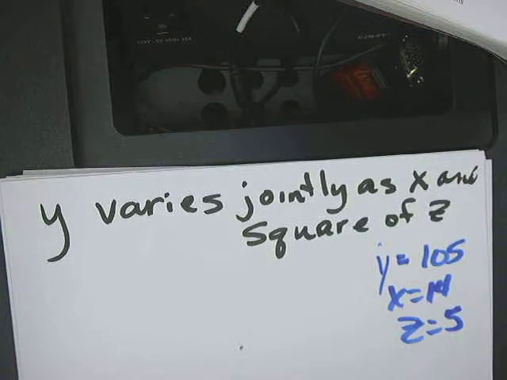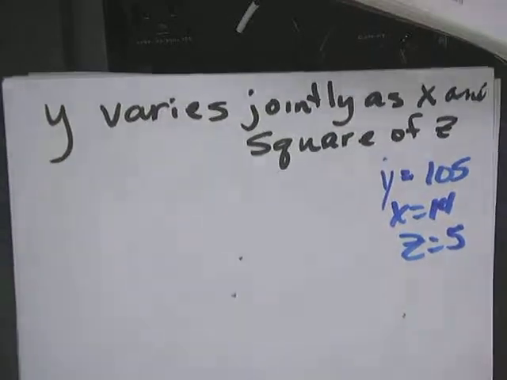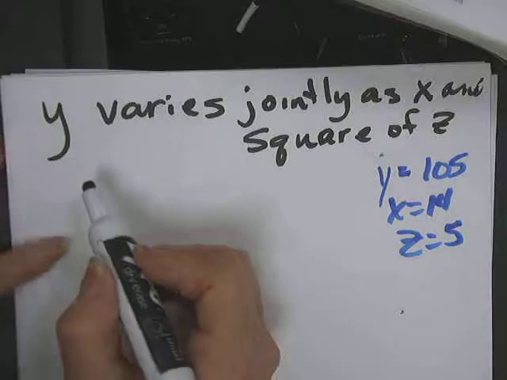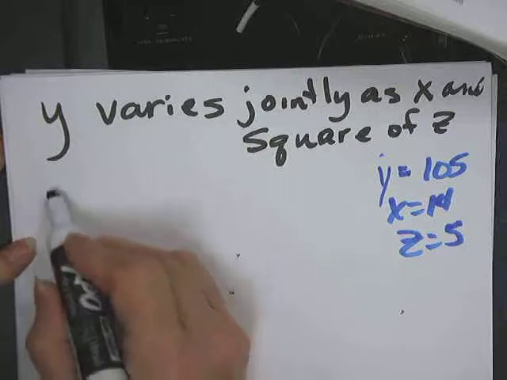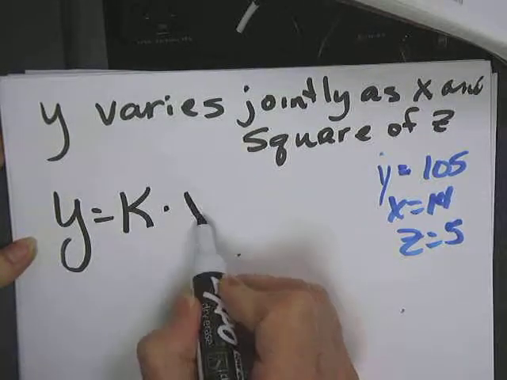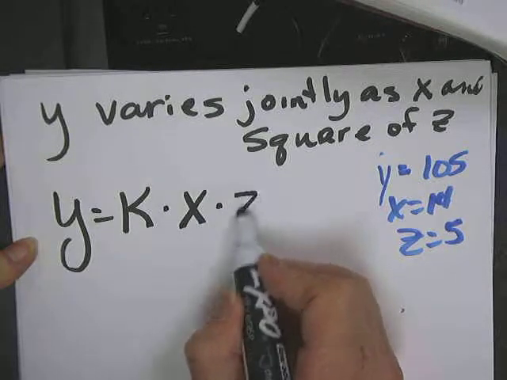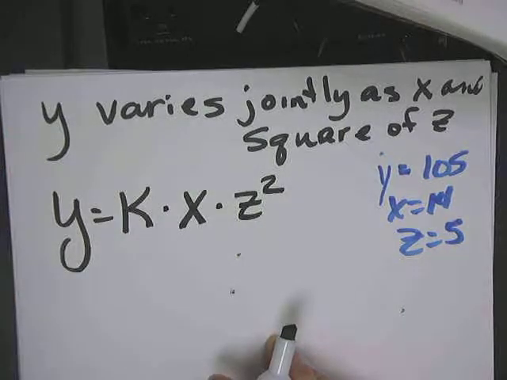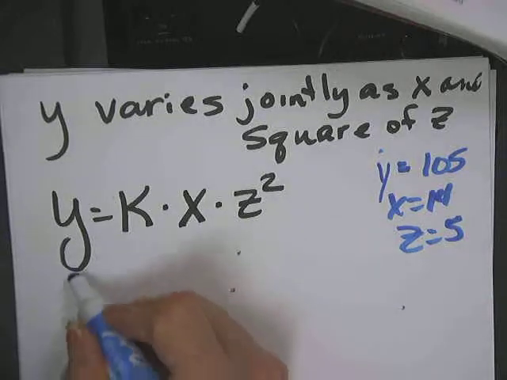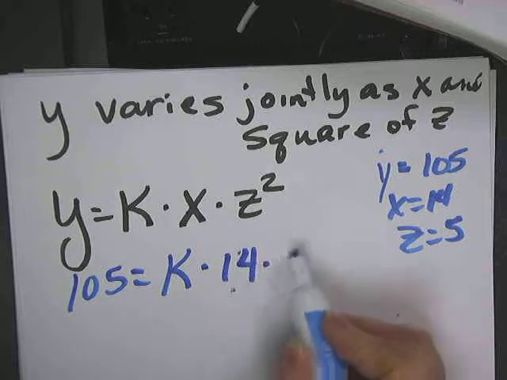Y varies jointly as X and the square of Z. Let's have Y is 105, X is 14, Z is 5.